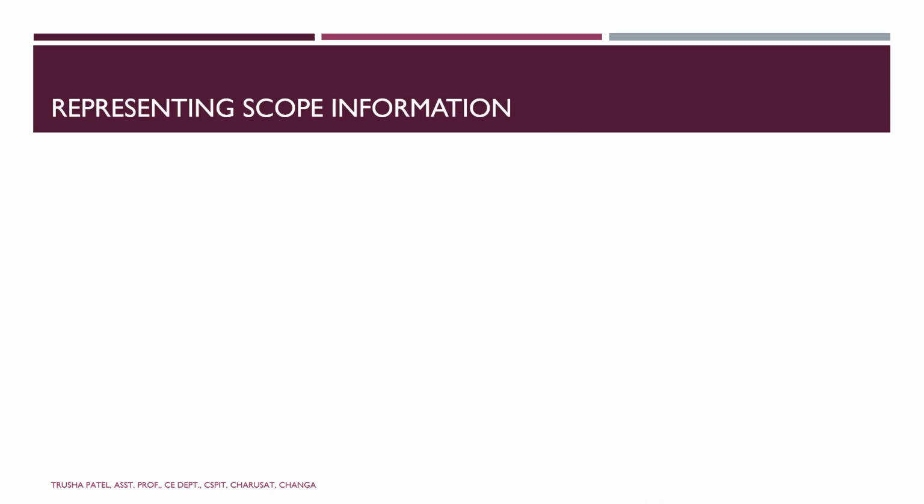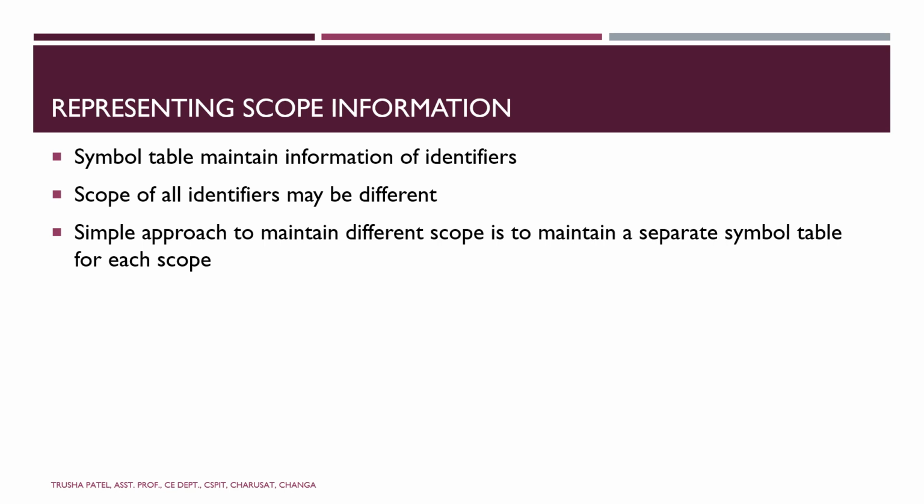Now next is representing the scope information. As the symbol table saves the information of identifiers, an identifier may be declared inside main, inside a user defined function, or maybe declared globally. So the scope of all these identifiers is different.